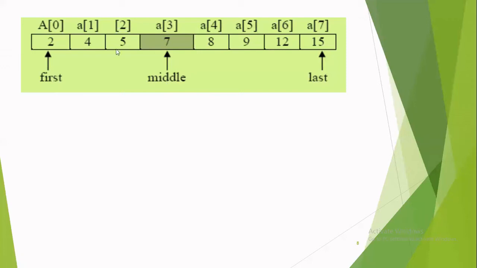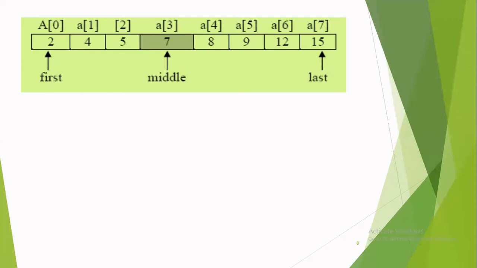So the middle pointer variable will have the value 3, and this pointer variable is used to find the middle element of the list. Now, after finding the location of the middle element, we are going to compare the middle element with the given search element. The given search element is 12. 12 is compared with 7.